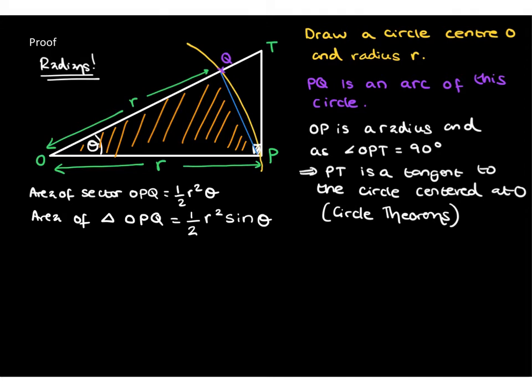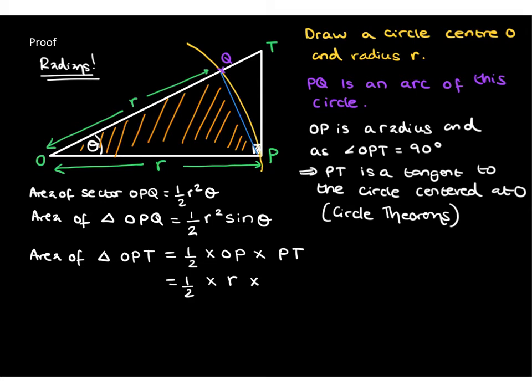Now, the last thing that we're going to work out is the area of the triangle OPT, which is the right-angled triangle. So that is equal to a half multiplied by the base, OP, multiplied by the height, which is equal to PT. Now, OP is simply the radius, so that's r. What about PT? How are we going to work out the value of PT?